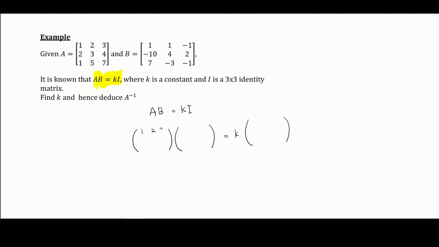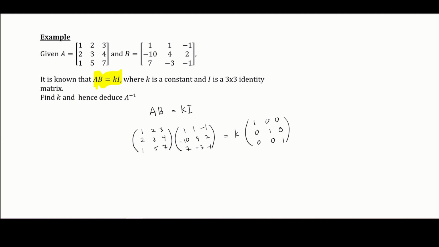A is 1, 2, 3, 2, 3, 4, 1, 5, 7, and B is 1, 1, negative 1, negative 10, 4, 2, 7, negative 3, negative 1. And the identity for a 3 by 3 matrix is 1, 0, 0, 0, 1, 0, and 0, 0, 1.